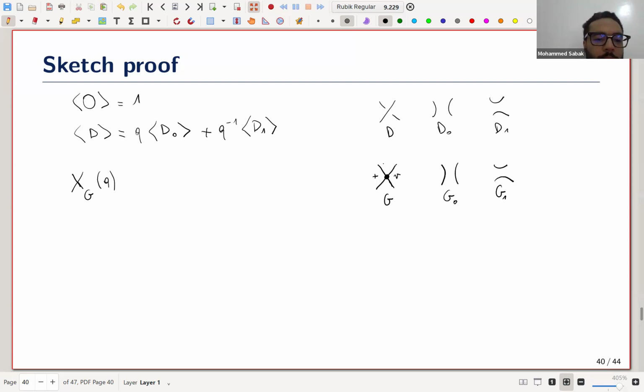And we show that we have actually the same skein relation, which means that this one will be equal to q times x of G0 plus q minus 1 times x of G1.